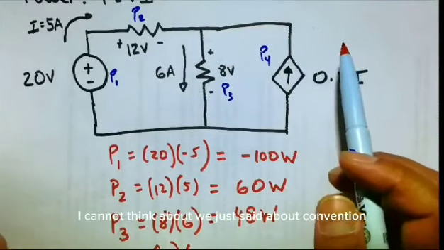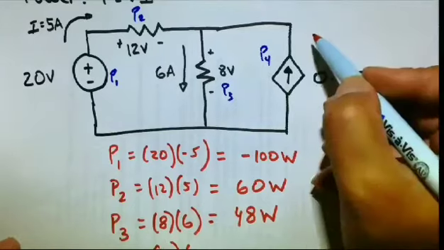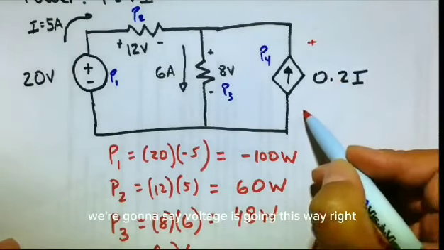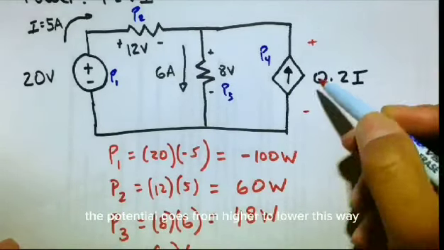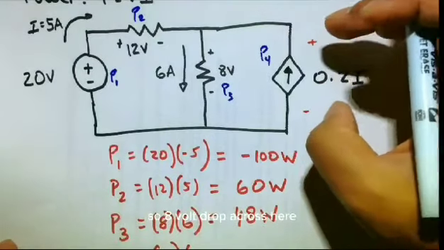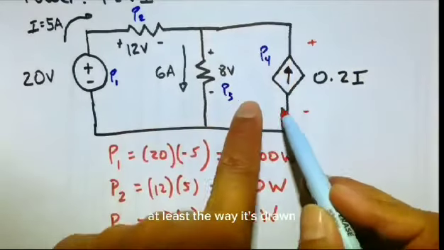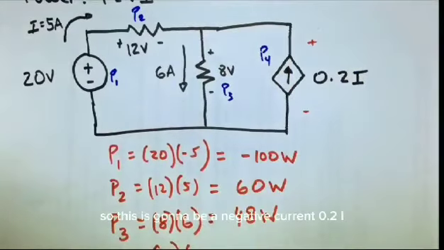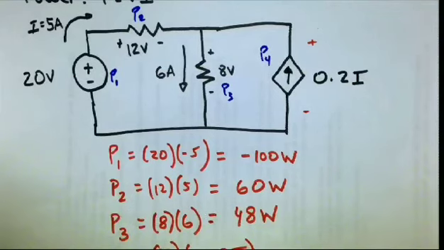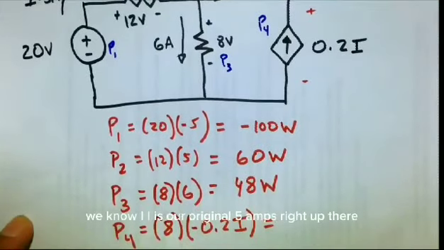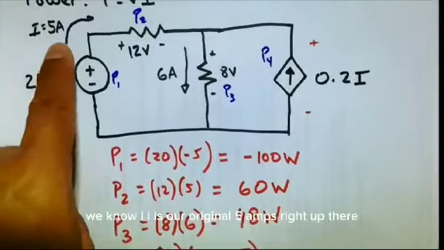Okay, now think about what we just said about convention. We're going to say voltage is going this way, right? The potential goes from higher to lower this way, so 8 volt drop across here. But we're saying the current is flowing that way, at least the way it's drawn. So this is going to be a negative current, 0.2 I. And we know I is our original 5 amps, right up there.